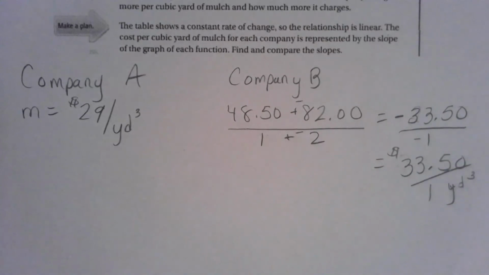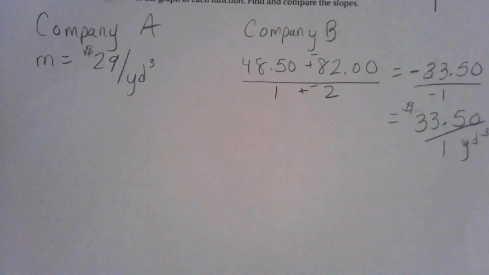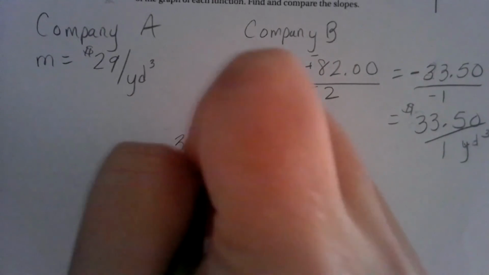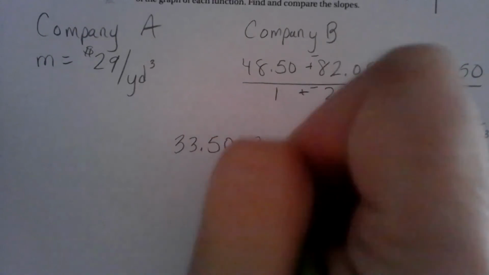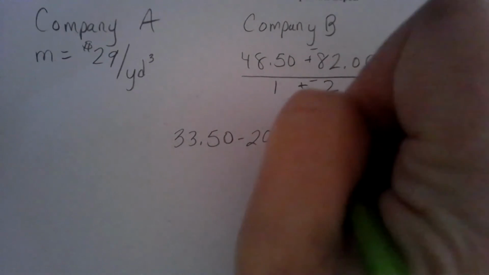Okay, so which company is charging more? Company B is. All right, not Company A. Company B is charging more. So by how much more are they charging per cubic yard? So you just take the difference between these two. So $33.50 minus 29. So $4.50.